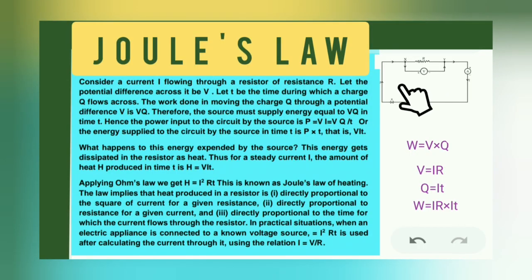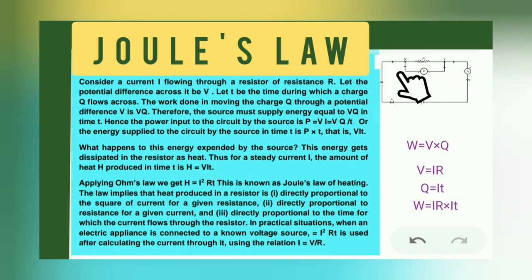Here we will see how much amount of heat is produced when current I flows through the resistance R. Here this resistance R is connected across the voltmeter V. You know that current I is flowing through the conductor means Q charge is flowing in a time interval T. So when Q charge flows through the conductor in a time interval T, the current I is equal to Q by T, that is Q is equal to IT.